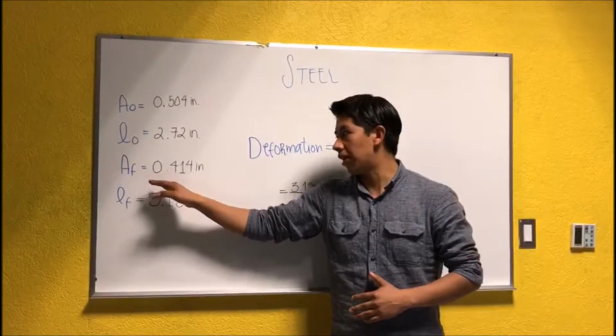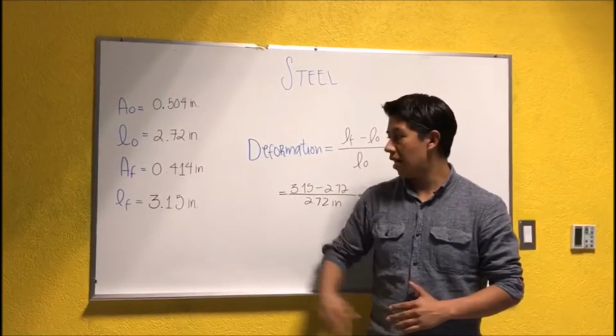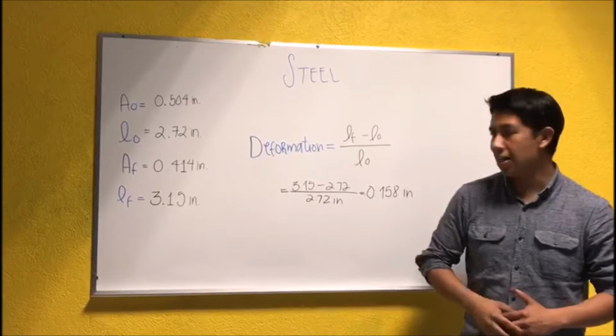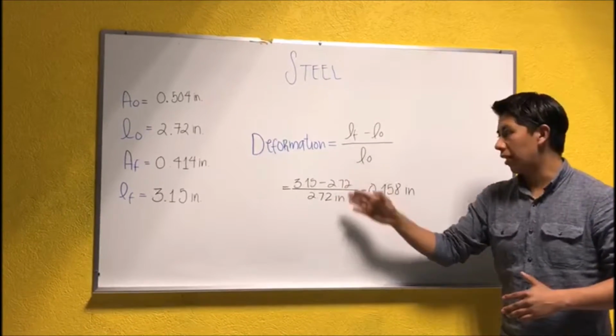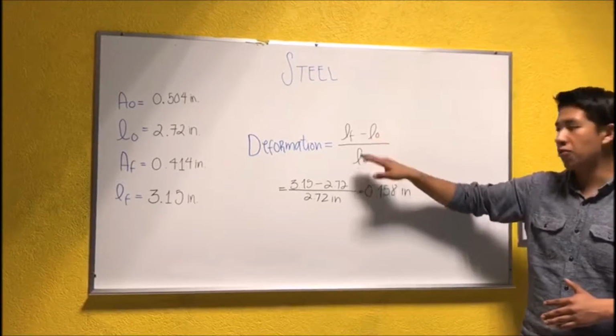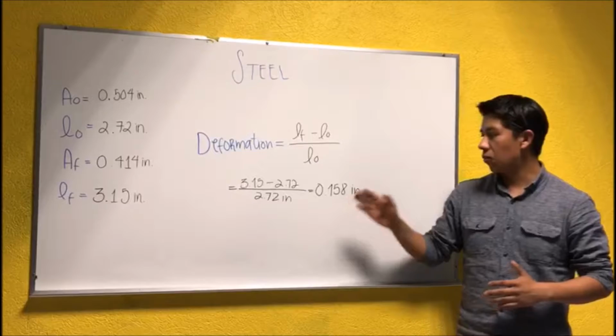The final area we obtained was 0.414 inches, and our final length was 3.15 inches. So in the formula, we did all the operations and obtained the next result.